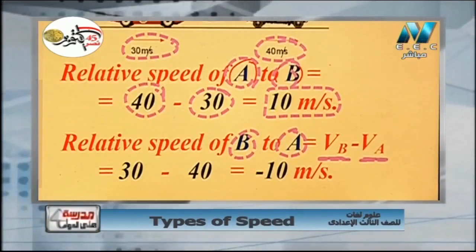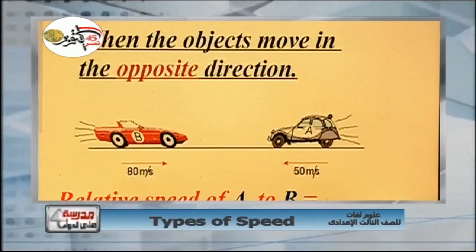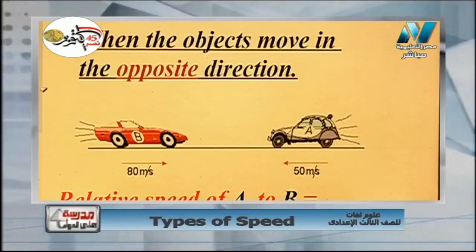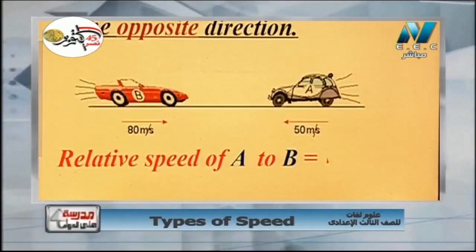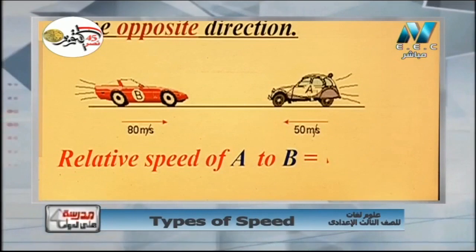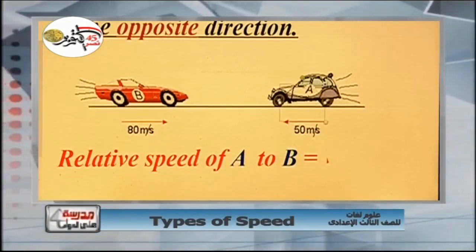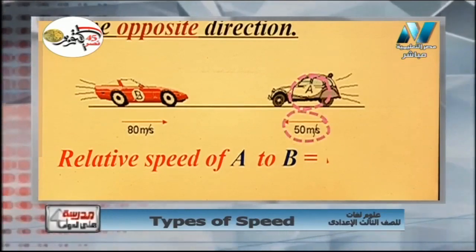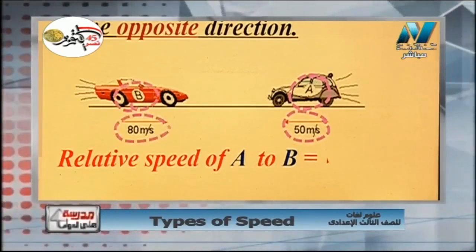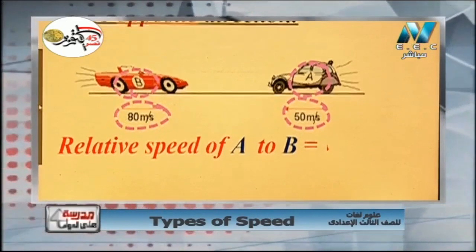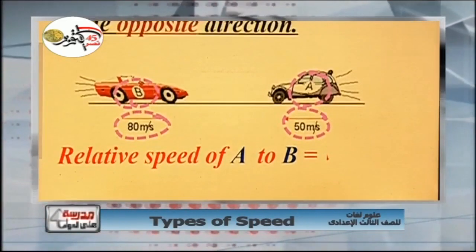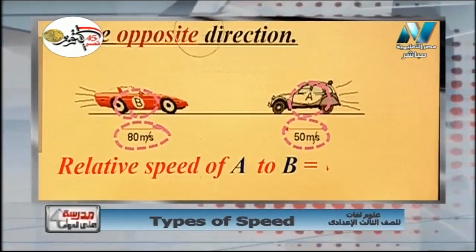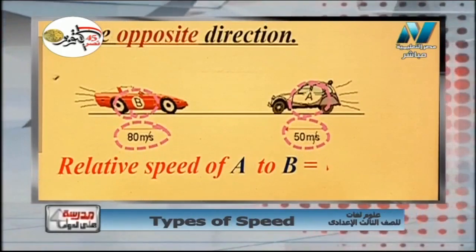I repeat it again. But if the objects are in the opposite direction, we have here VA, 50 meters per second, as we see in front of us, and VB, 80 meters per second. So the relative speed in this case equals what? Summation. I will add them because they are in the opposite direction.